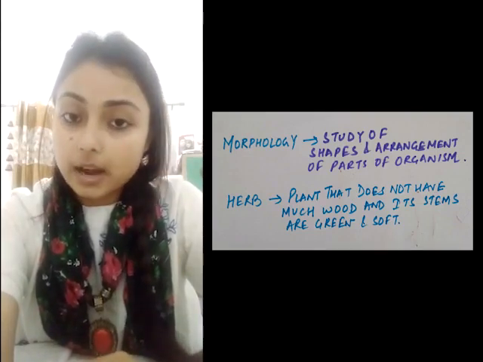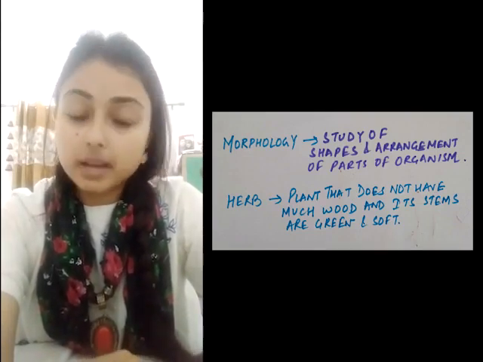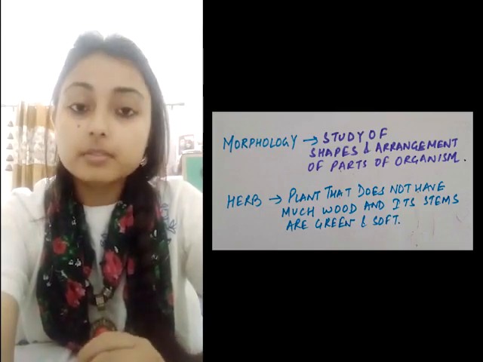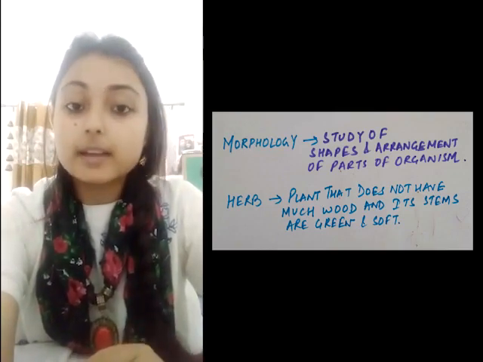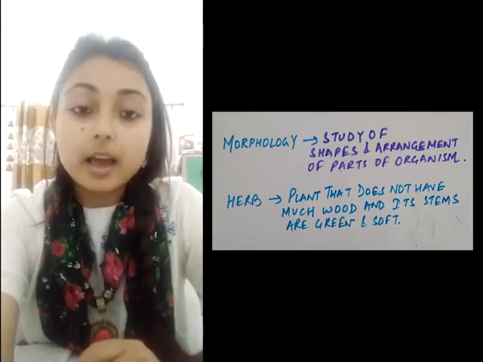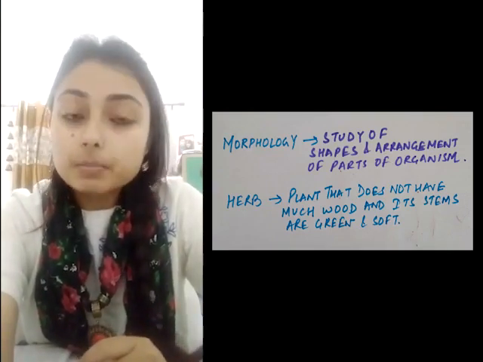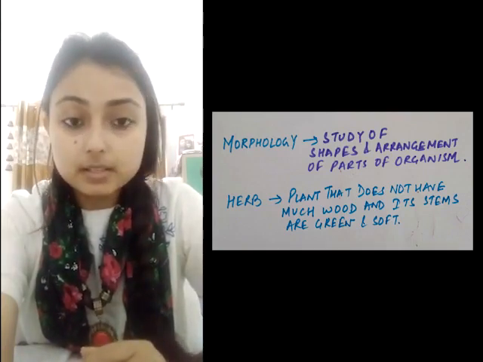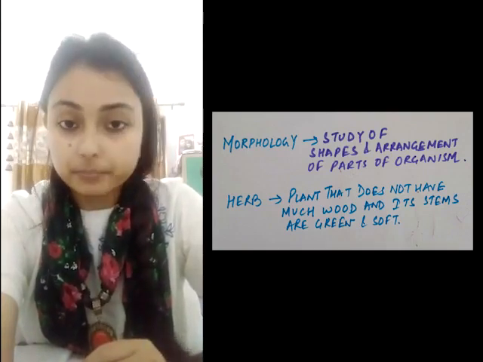I repeat, a herbaceous plant is a plant that does not have much wood, and its stems are green and soft. These plants basically grow very fast and they produce flowers and many seeds in a short period of time.